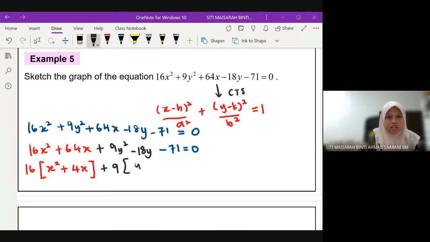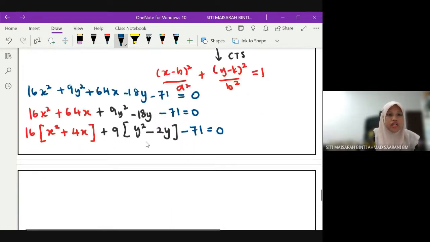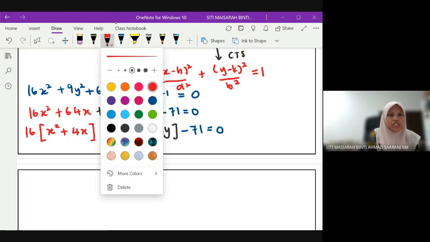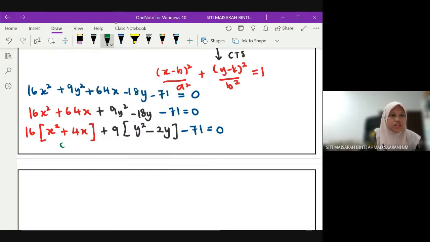So dia akan jadi y square minus 2y. 18 factor 9, we get 2 here. Then yang belakang ni salin lah, minus 71 is equal to 0. Okay. Then after that awak boleh buat completing square lah. So maksudnya yang kita bracket ni, yang ni boleh buat CTS. So sini ada satu CTS, sini ada satu CTS.